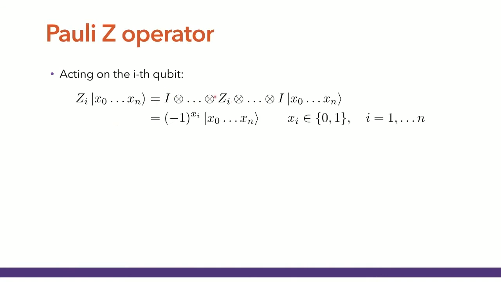In general, if Z is on the 0th qubit, there are no identities on the left, for example, but for simplicity of notation, I'm just going to assume this. The action of this operator on the ith qubit is easy to see. It's going to add a phase of minus 1 to the power of x_i, where x_i is the ith entry of the binary string corresponding to this computational basis state.